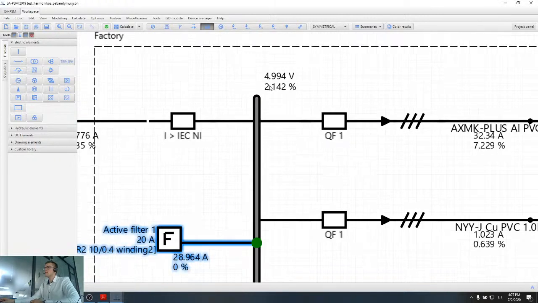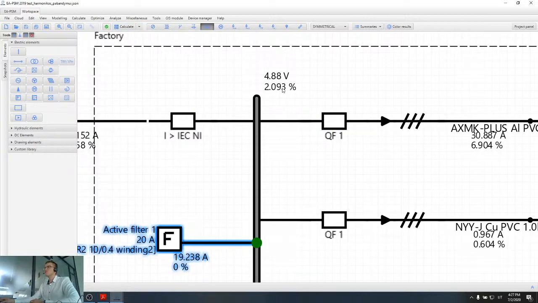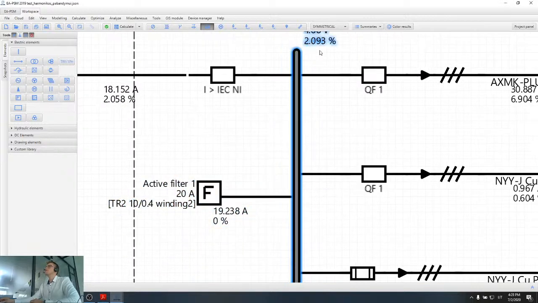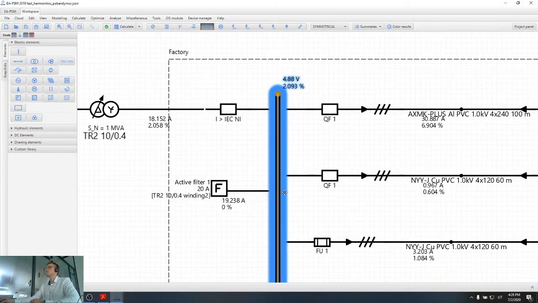So here I have 2.1%, and when I run the harmonic calculations, it's 2%. So a smaller filter gives, in this case, smaller voltage harmonics. The idea is this: as I have mentioned, the active filter is injecting harmonics into the network as well, however with an opposite phase.